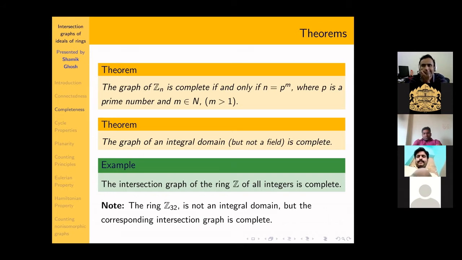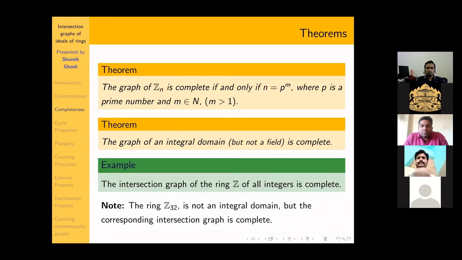But in the ring of integers, except 1 and -1, no elements are multiplicatively invertible. 2, 3, all these are not invertible. But the property is retained that the product of two non-zero elements is always non-zero. In other words, if the product of two elements is 0, then one of them must be 0, right?